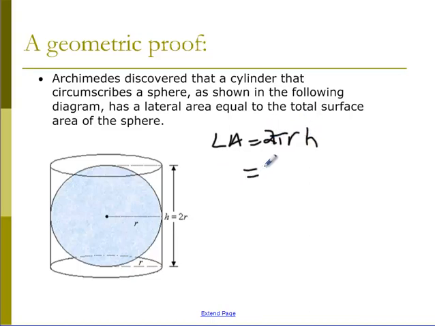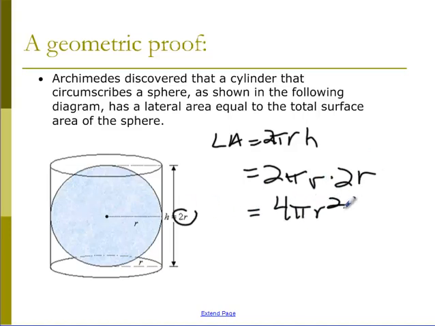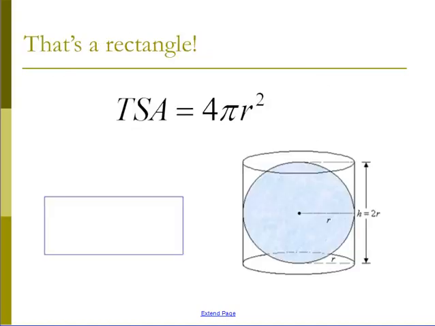So that's 2 pi r, and then the height is actually 2r. So we multiply by that. So the lateral area became 4 pi r squared. So the surface area of a sphere is 4 pi r squared. We can relate the surface area of a sphere to being just a rectangle that is 2 pi r by 2r.